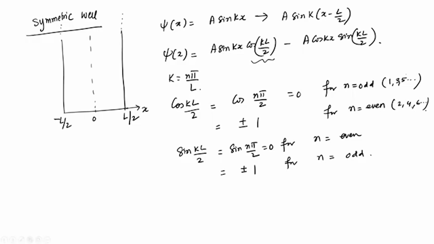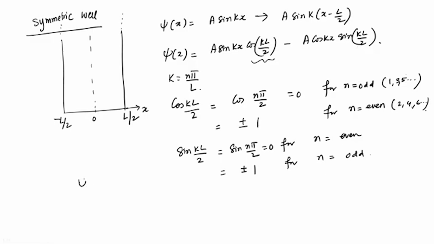Okay. So, that tells you that the first term would not be an applicable solution for n equal to odd, because the associated coefficient is 0, while the second term, which was earlier not the solution, which is a cos kx, is actually going to give you the solution for n equal to odd.